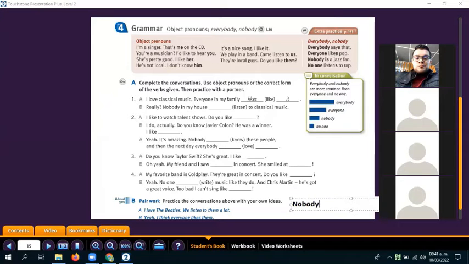Why likes? Because you're using nobody as the subject of the sentence. So whenever you're using everybody, everyone, nobody, or no one, you need to add an S to the verb if you are speaking in simple present. So take that into account. It's important.